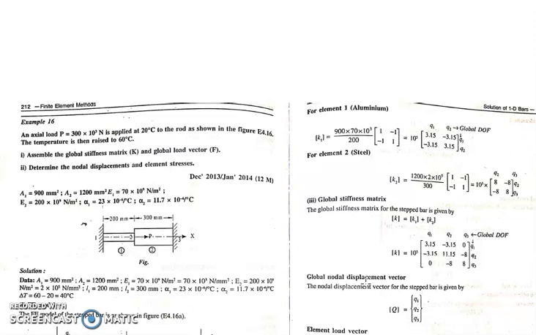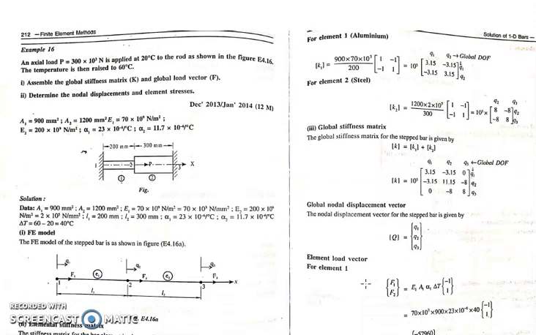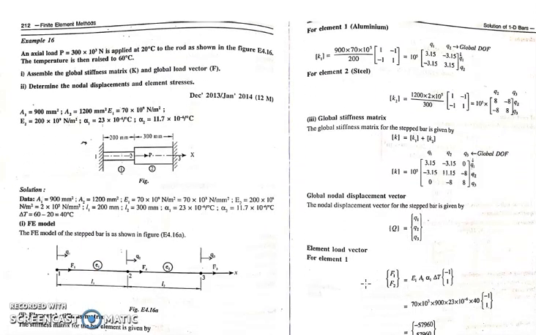Then let us discuss one more problem on FEM, that is the solution of a 1D bar with temperature effect. Let us see how the temperature effect will come in when we are solving a problem on a 1D bar. Okay, so an axial load of 300 kilonewton is applied at 20 degrees centigrade to the rod as shown in the figure.